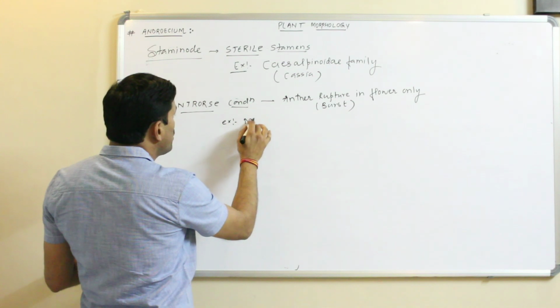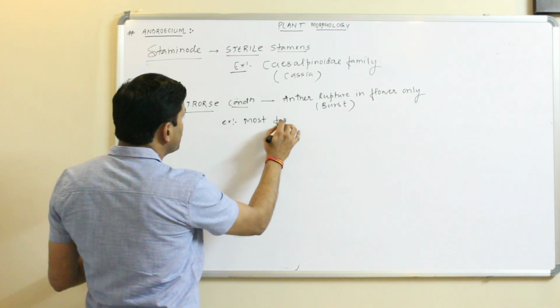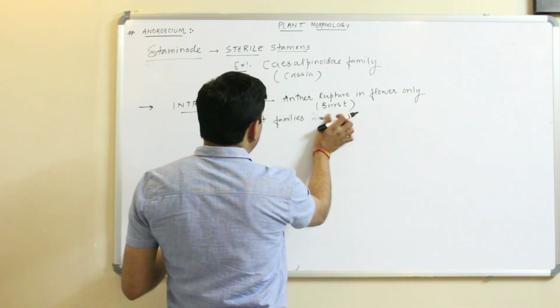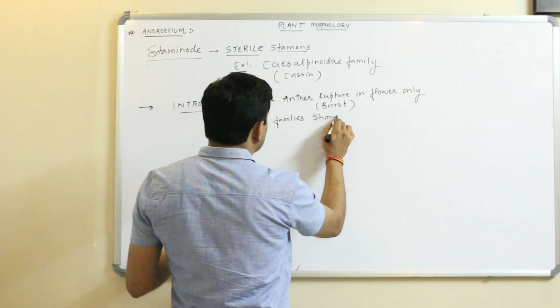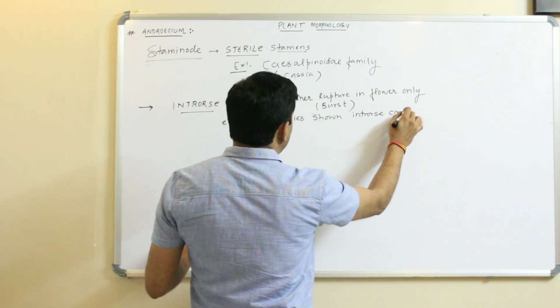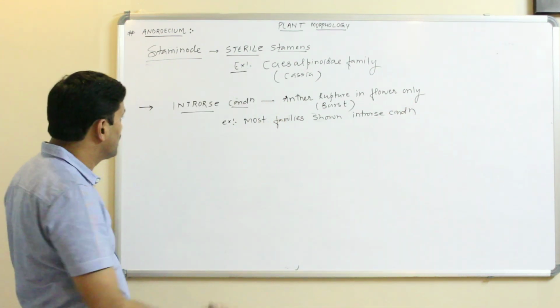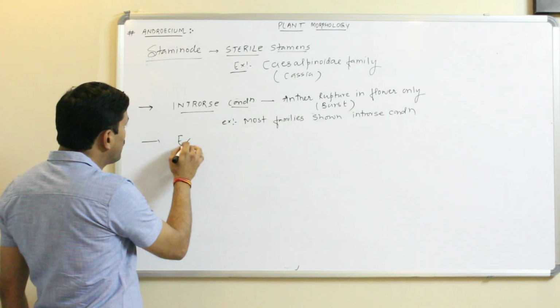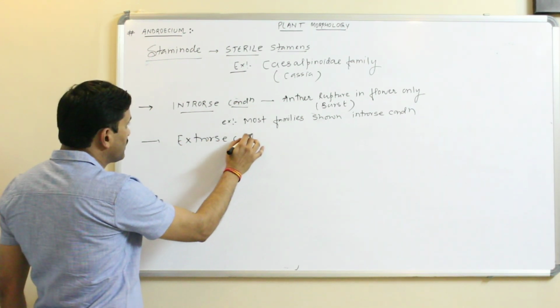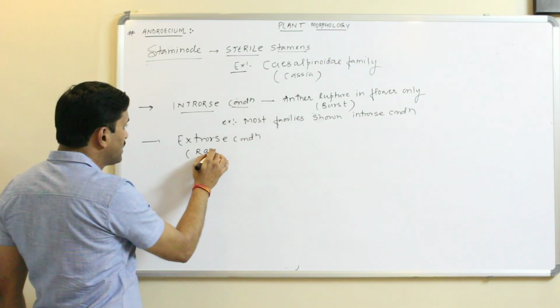Examples are, most families show introrse condition. But there is one more condition known as extrorse. Extrorse condition. It is a rare condition.